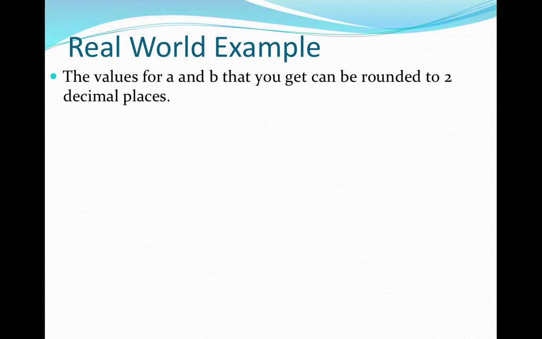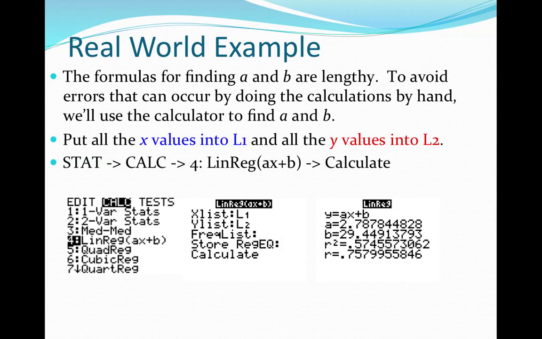So then we'll have an equation of the form y equals AX plus B. Okay, so the values that you get for A and B can be rounded to 2 decimal places. So if we look at what they came out to be, A rounded to 2 decimal places is 2.79. B rounded to 2 decimal places is 29.45.